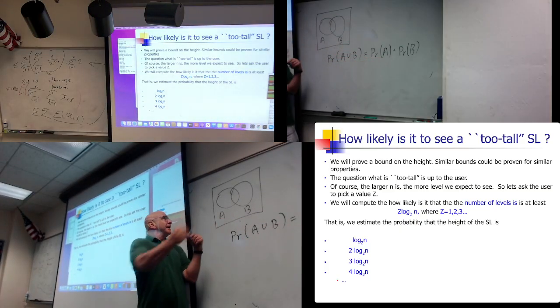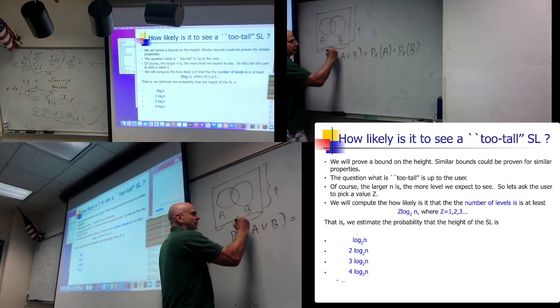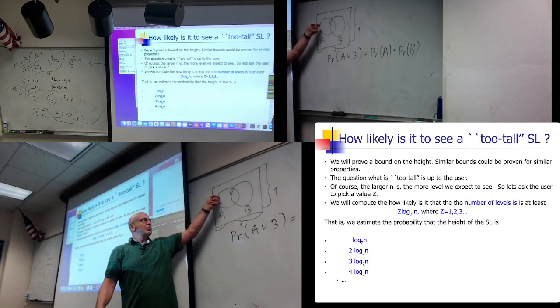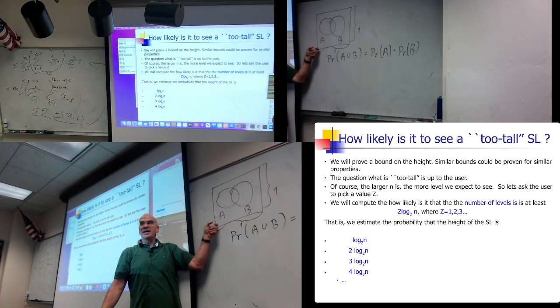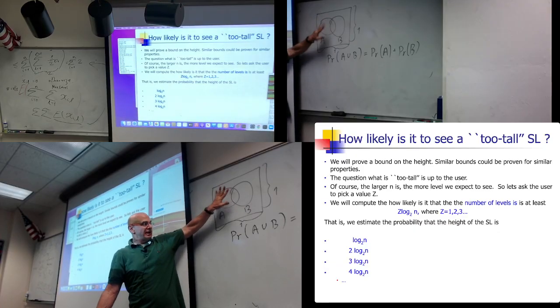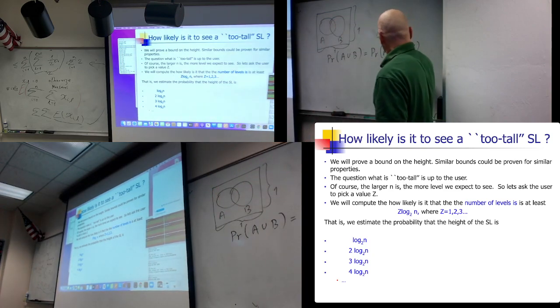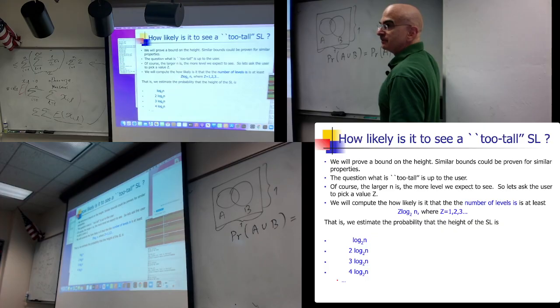Because if the area of this square is 1 by 1, then the chance that I hit A is just the area of A, plus the probability that B happens.